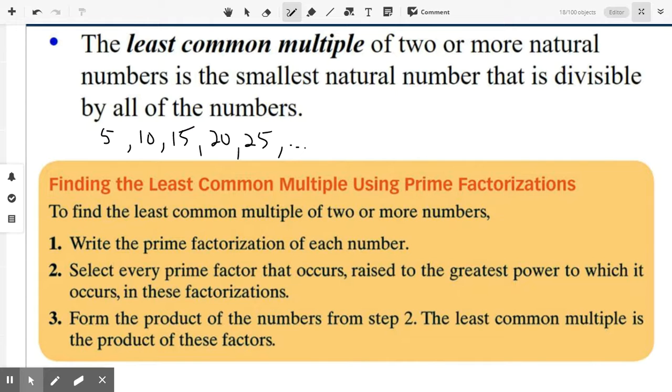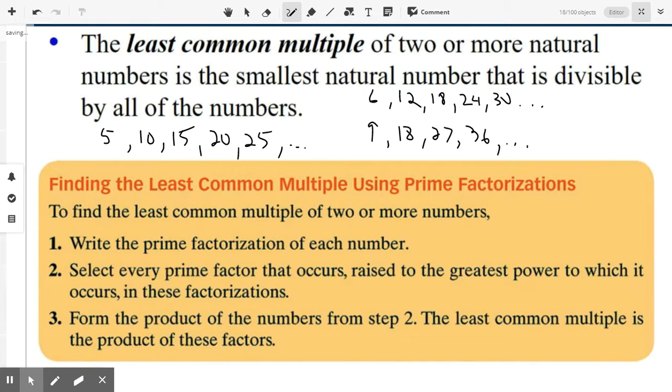So if we are comparing two numbers, such as 6 and 9 again, like we did for factor. Okay. What are multiples of 6? Well, 6 times 2 is 12, times 3 is 18, times 4 is 24, 30, and so on. 9 times 2 is 18, 9 times 3 is 27, 36, so on.